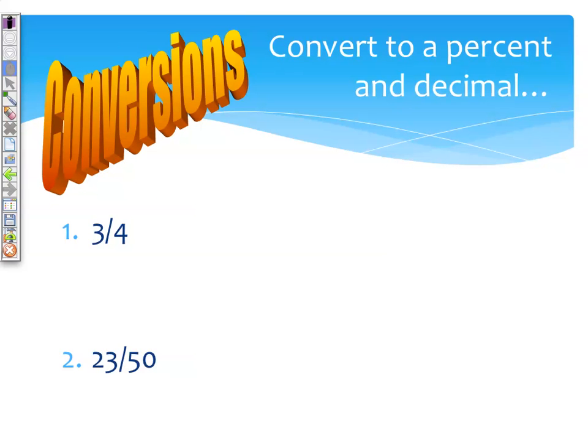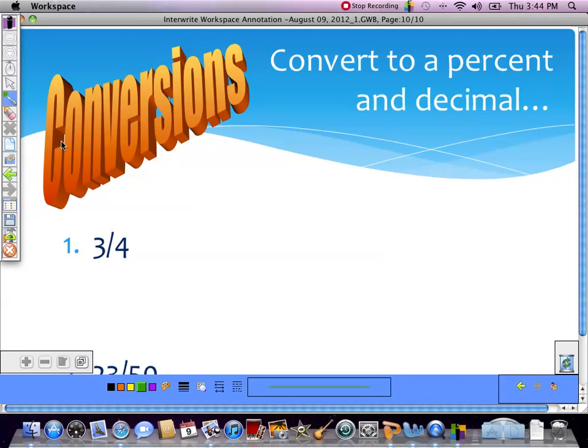Now let's try converting fractions to percents and decimals. First, I'm going to convert 3/4 to a percent. And the best way to convert fractions to percents is to first change it to a decimal.